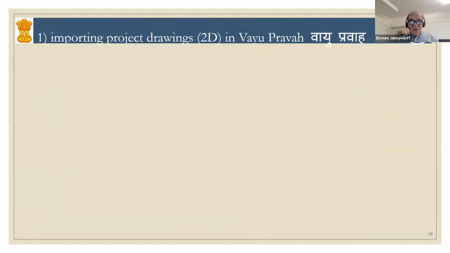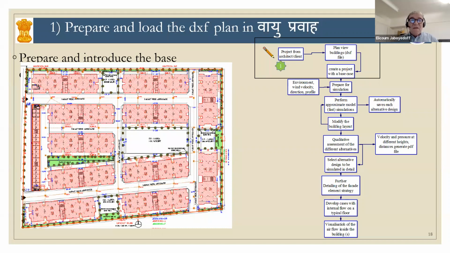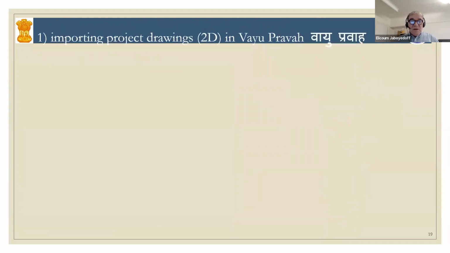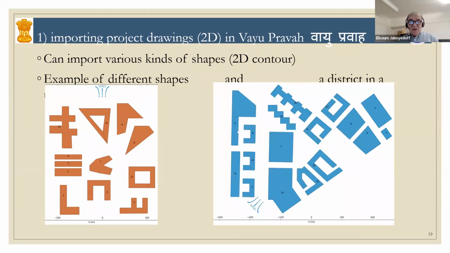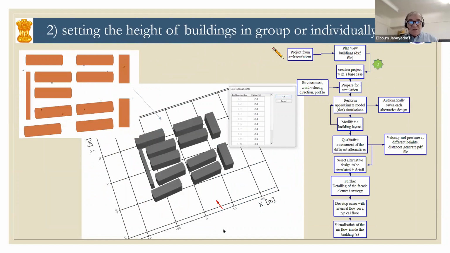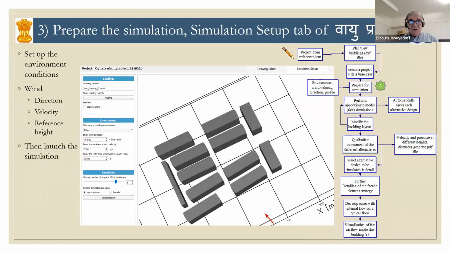So again, here you just import the slightly simplified DXF plan, and you can import quite different shapes. It has been tested with many shapes, and you can even go to a kind of district level simulation with different kinds of buildings, different heights, different shapes, open, closed, etc. Then you can choose how you set the height of the building, whether separately, building by building, or all together.